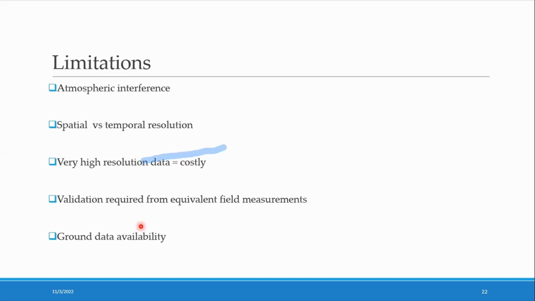The other limitation with remote sensing, or with thermal remote sensing in this case, is that you will have a trade-off between the spatial and temporal resolution, like I have talked about. And then the other thing is that if you want to go for higher resolution, or maybe a meter resolution, that is if you're doing it with radar that Professor said you're going to look at later, you will need to consider the cost implication.